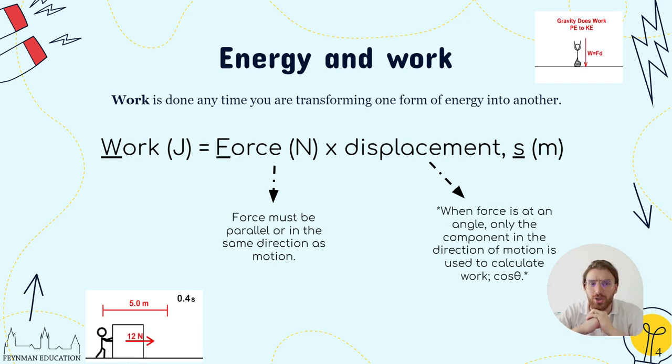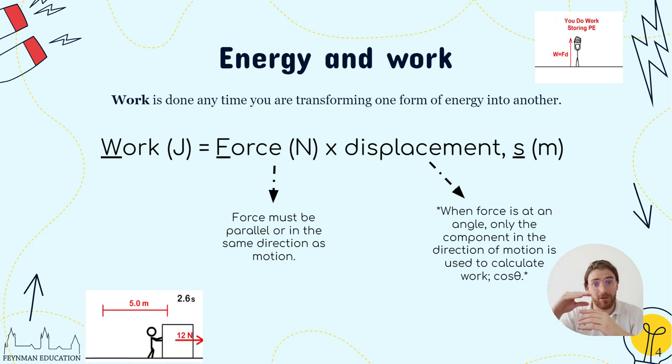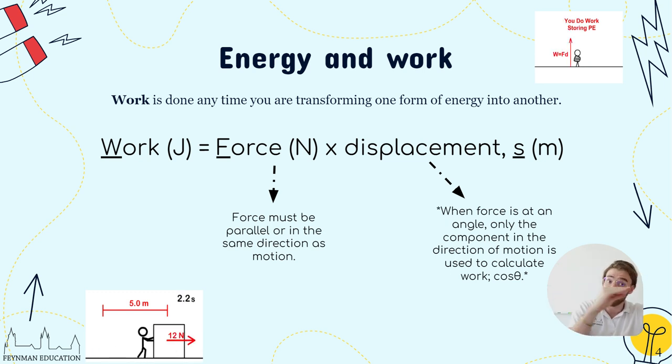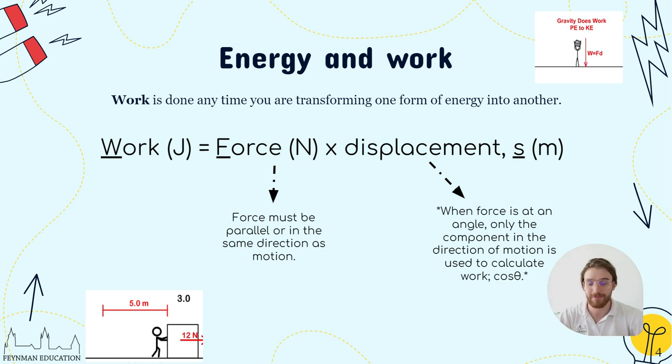So let's say you are pulling a box, but you're not pulling that box straight, you're pulling it slightly up, but it's still moving. You're going to take that movement as the displacement in that certain direction of motion. And you calculate it using cos theta.